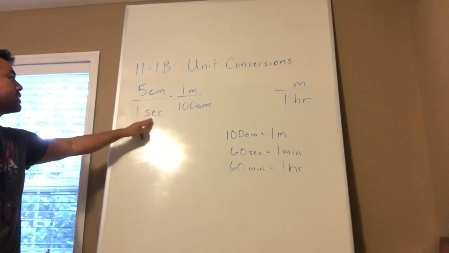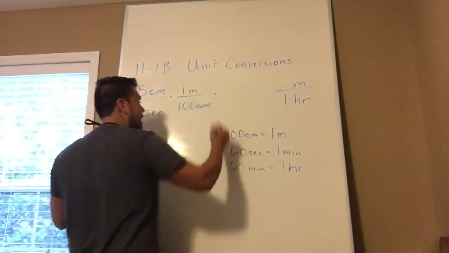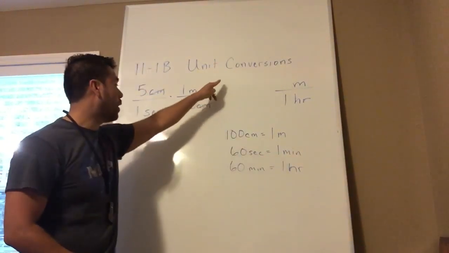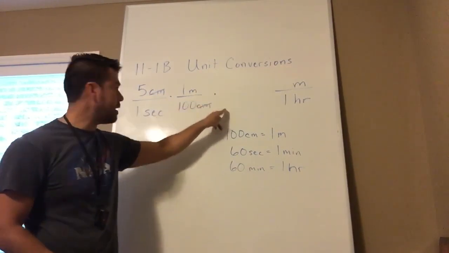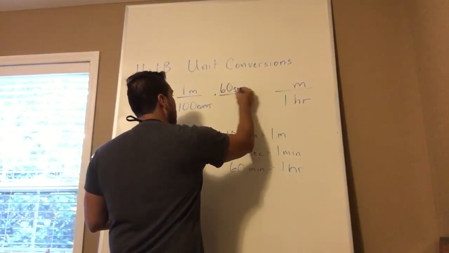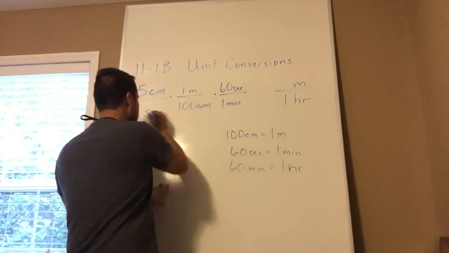Then I want to go from seconds to hours. So I'm going to first go from seconds to minutes, which is this conversion. Do I use 1 minute over 60 seconds or 60 seconds over 1 minute? It should be 60 seconds over 1 minute, because guess what happens to the seconds?